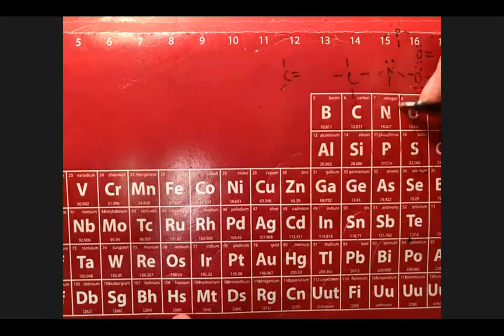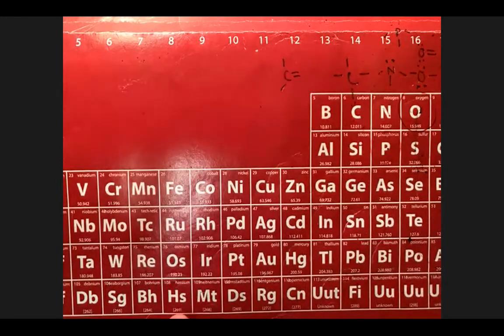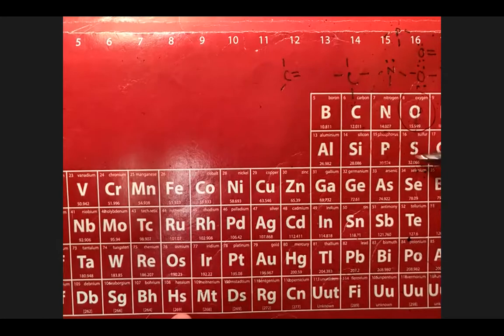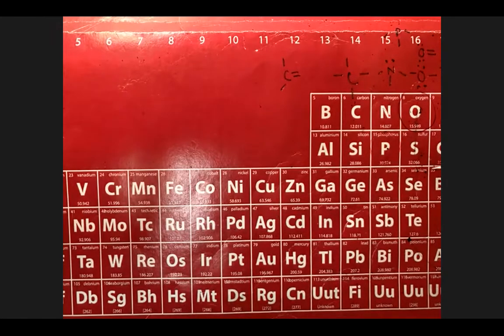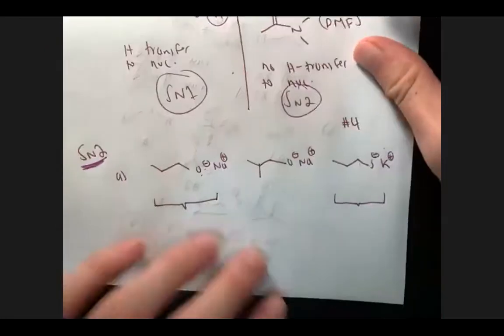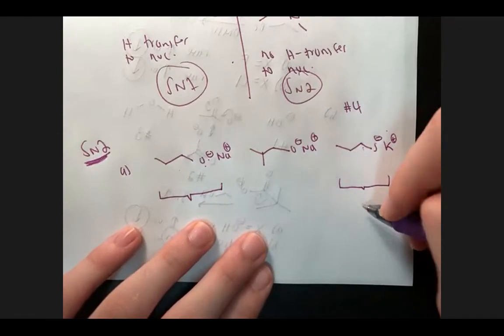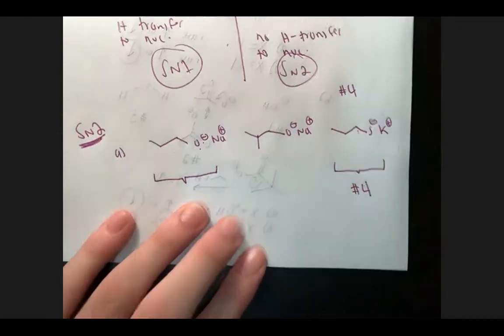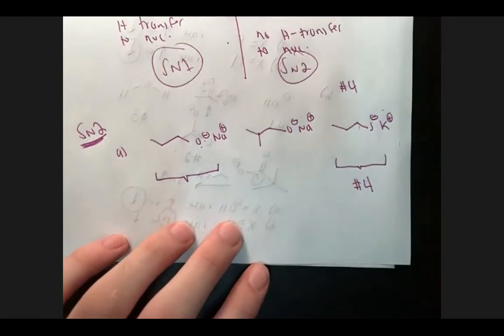An electronegative atom wants to keep its electrons. So sulfur, since it's less electronegative than oxygen, doesn't hold on to its electrons as much, and can therefore be a better nucleophile than the electronegative oxygen. That should give you some insight into selecting this as number 4. It's the best one: relatively lightweight, and it doesn't hold on to its electrons as tightly. It wants to give them off.